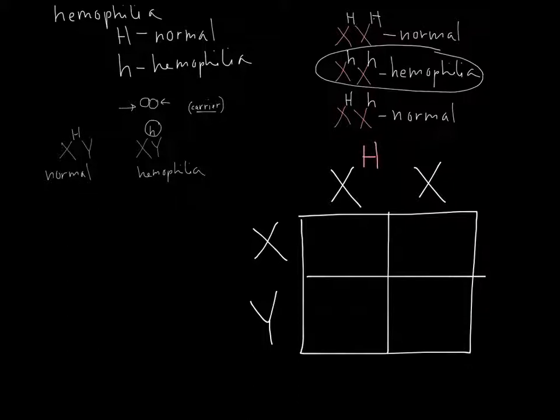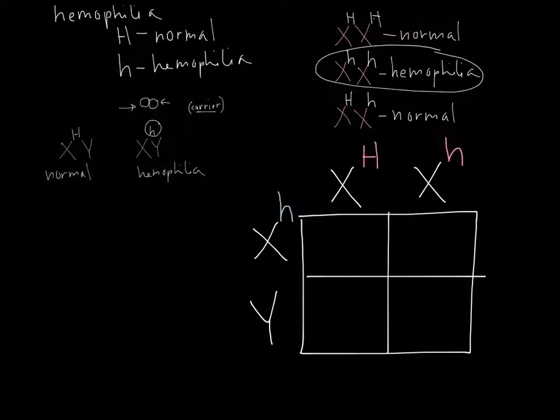She's going to have one normal dominant allele and one hemophilia recessive allele because she's carrying the disease even though she doesn't have it. Dad, on the other hand, is going to have hemophilia. So if I say he has hemophilia, the only thing he can have is a little h. All right? Notice I didn't write anything on the Y again because this is an X-linked trait.